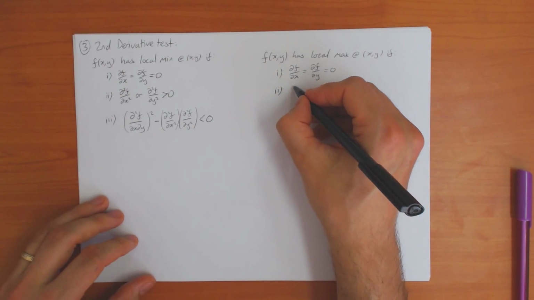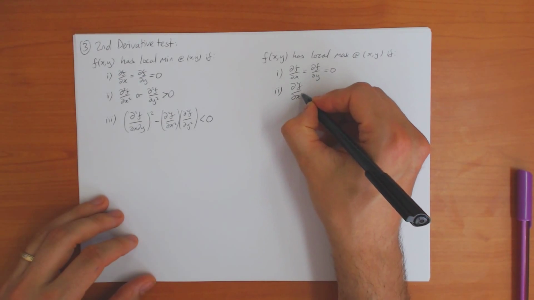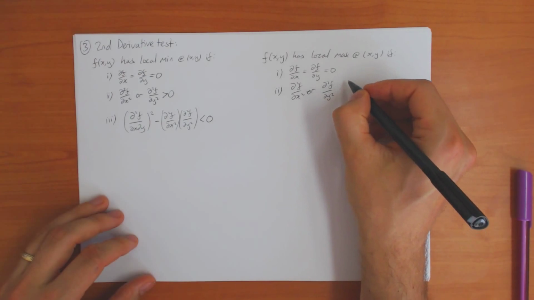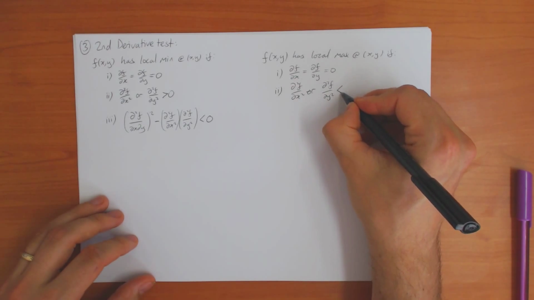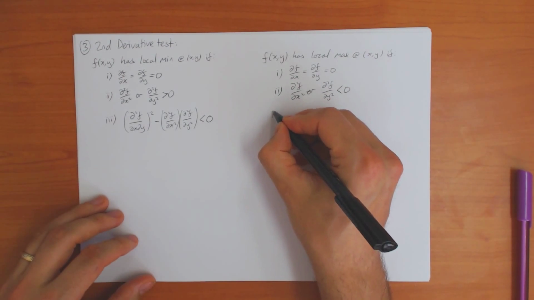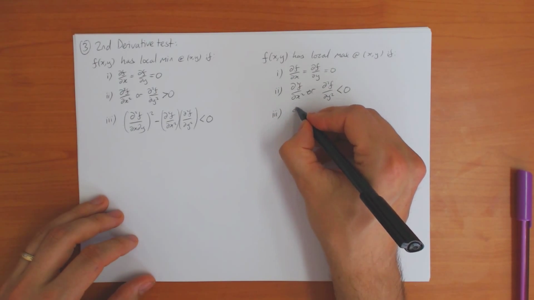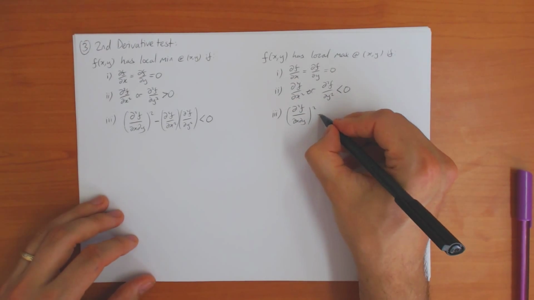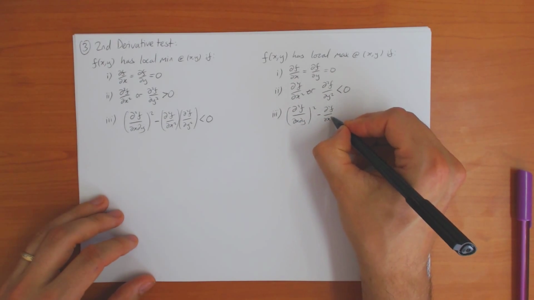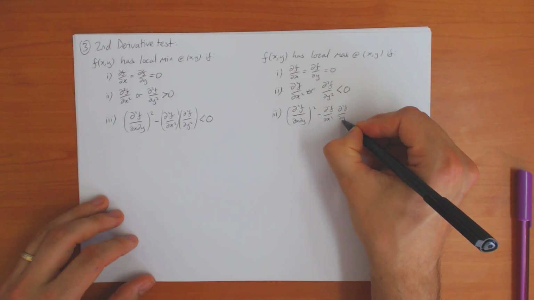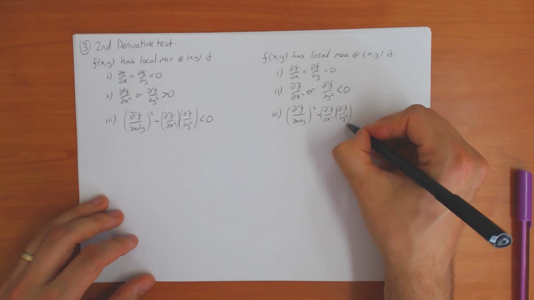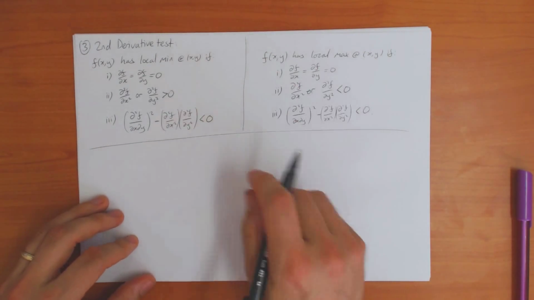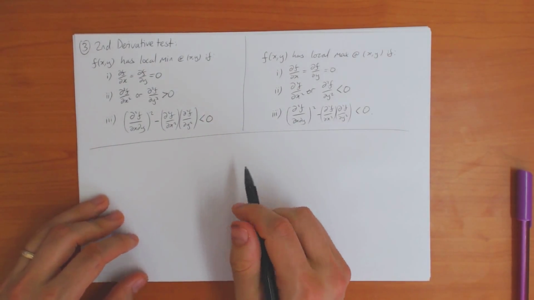Second condition is that the second derivatives have to be negative for a local maximum. And the third condition is that, again, this thing is negative. Okay, so that's your second derivative test in 2 dimensions, and now let's use it on these functions.